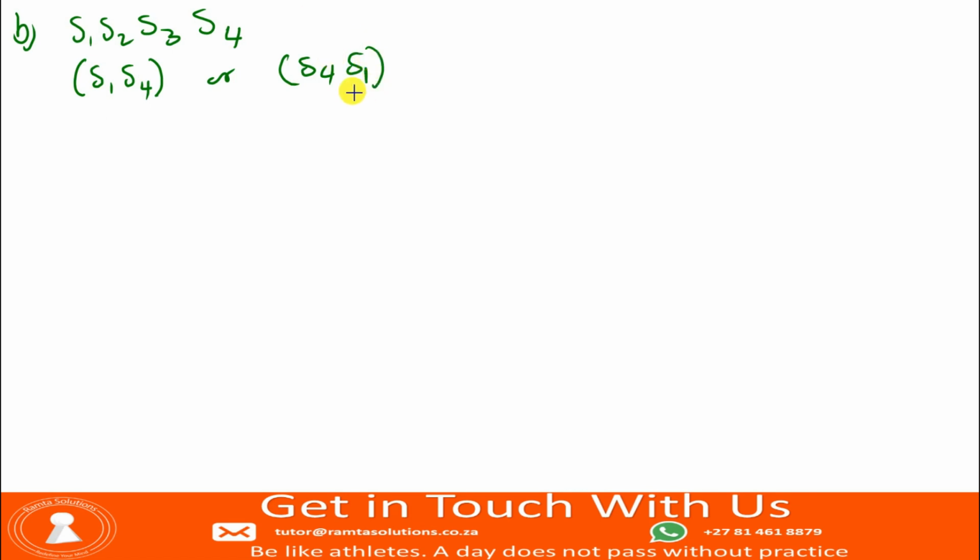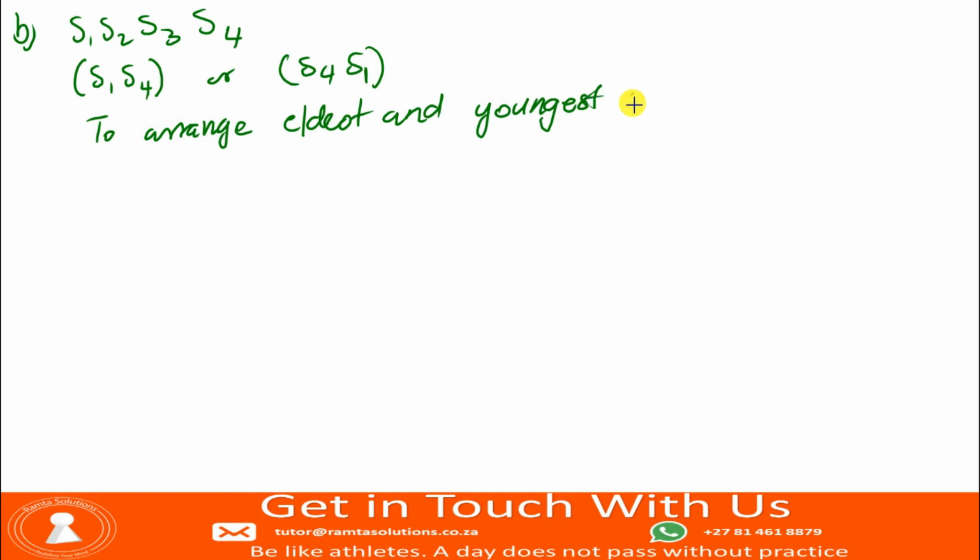So to arrange eldest and youngest together, we can arrange them in 2 factorial ways, which is 2 ways, because there are only 2 objects.